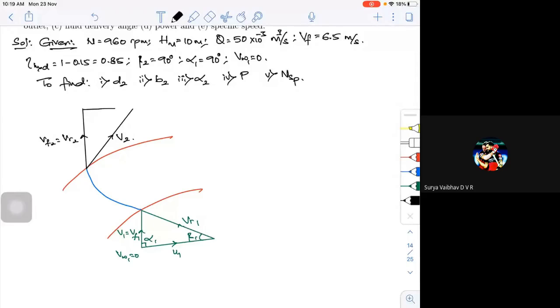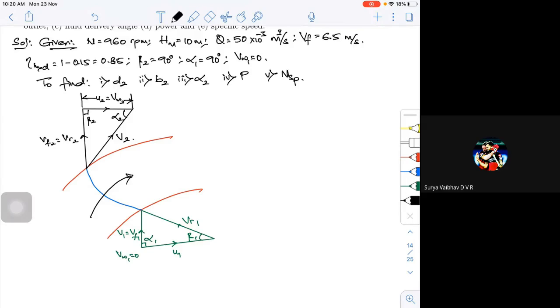If I try to draw your triangle, this is my U2, which is also equal to VW2, your tangential velocity, and this is my beta 2, which is 90, and this is my alpha 2. And the rotation is in this direction. So I got both my velocity triangles at the inlet and exit. Okay. Now let us try to solve one by one.